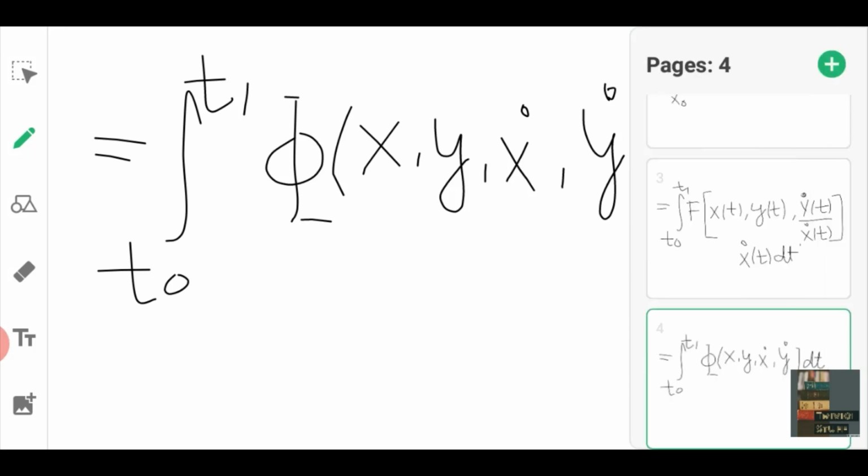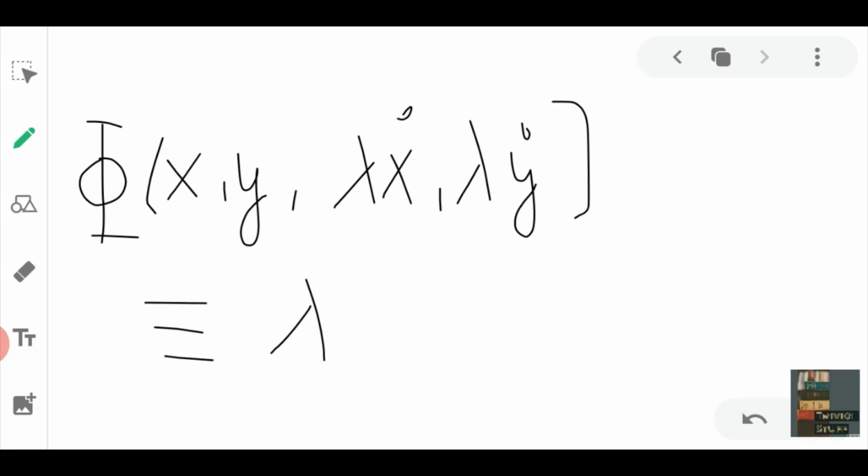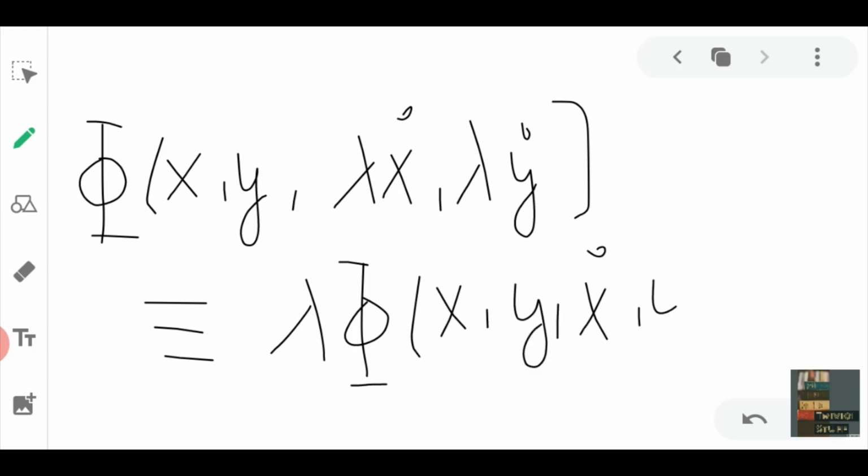In another way we can write it as phi of x, y, lambda x dot, lambda y dot, and that is equivalent to lambda times phi of x, y, x dot, y dot. So we have lambda to the power 1 because this is a first order homogeneous function.